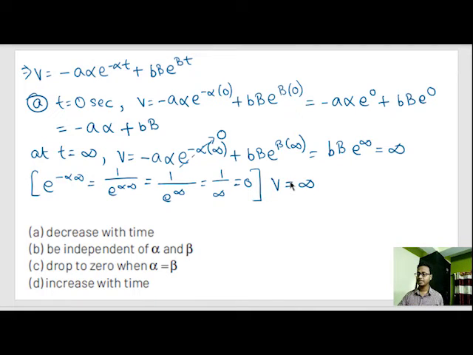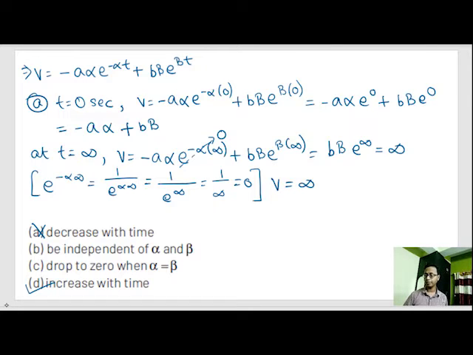That means 'decreases with time' is the wrong answer, because our velocity at infinity became very large. That should be the opposite case. So if our option A became wrong, automatically our option D is the correct answer. But still, we'll check for option C and option B.